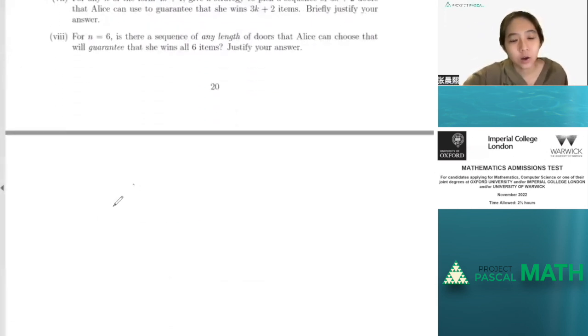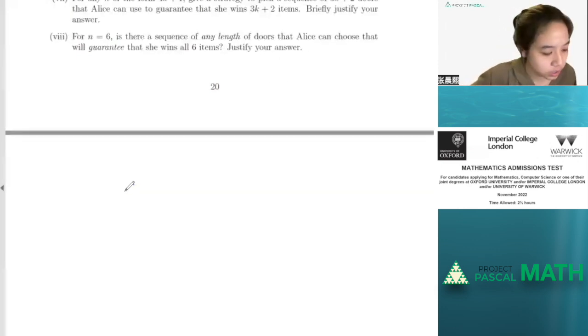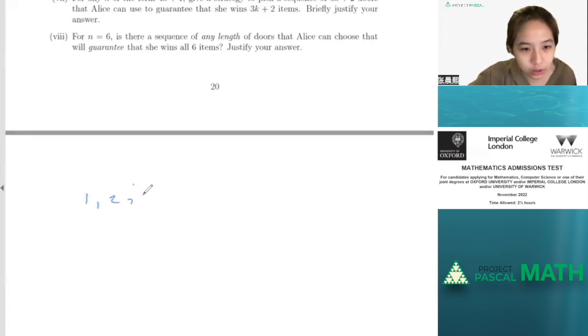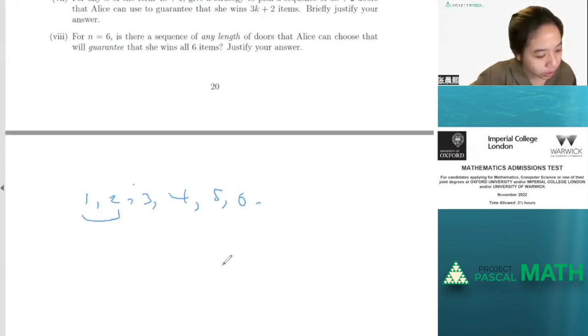Okay, basically the host has a way to prevent Elise from winning everything for the 6 items. If Elise picks either door 1 or 2, then the host can swap the items behind door 1 and 2. And also for door 5 and 6.